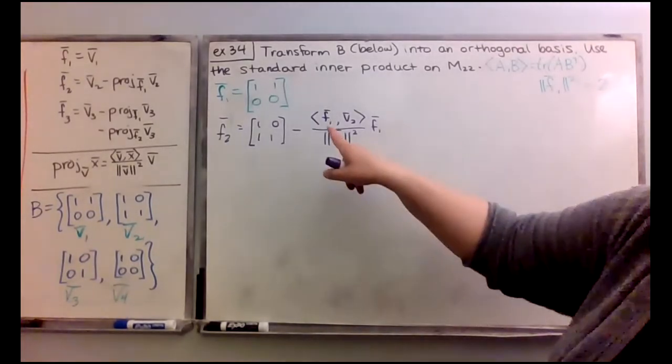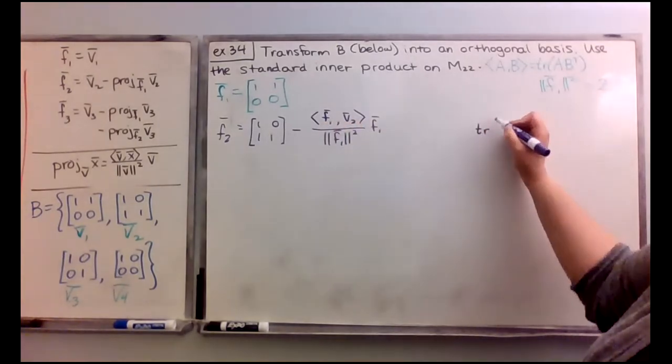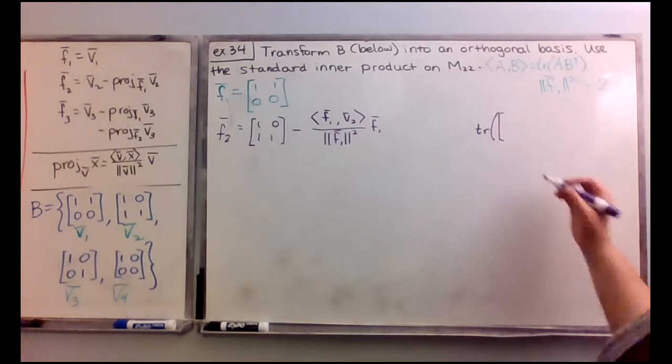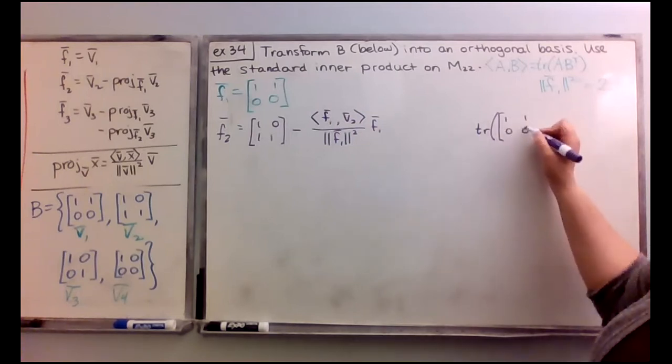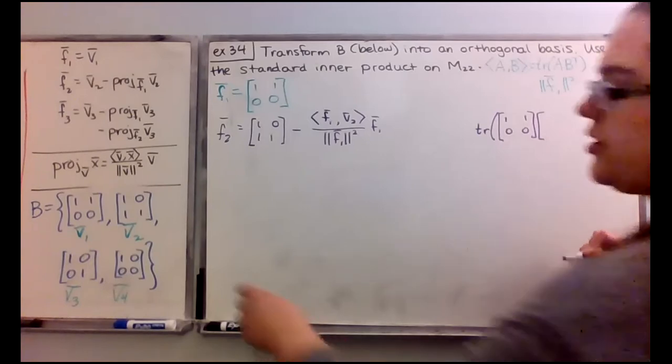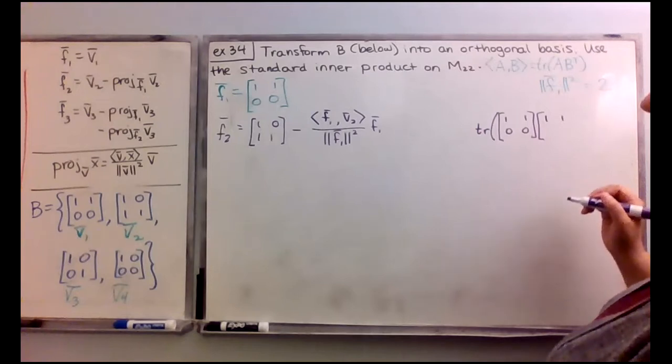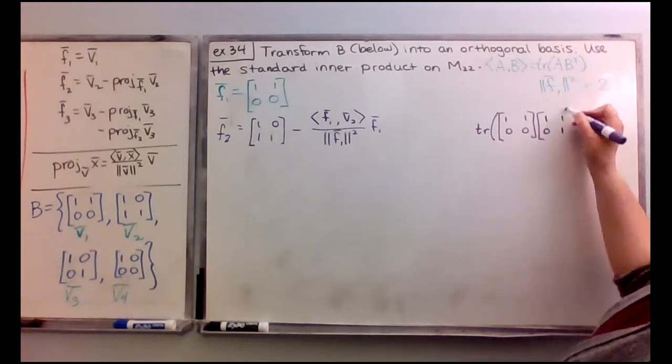So the inner product of F1 and V2 is going to be the trace of F1 times V2 transposed. So this is going to be 1, 1 across the top, and then 0, 1 across the bottom.